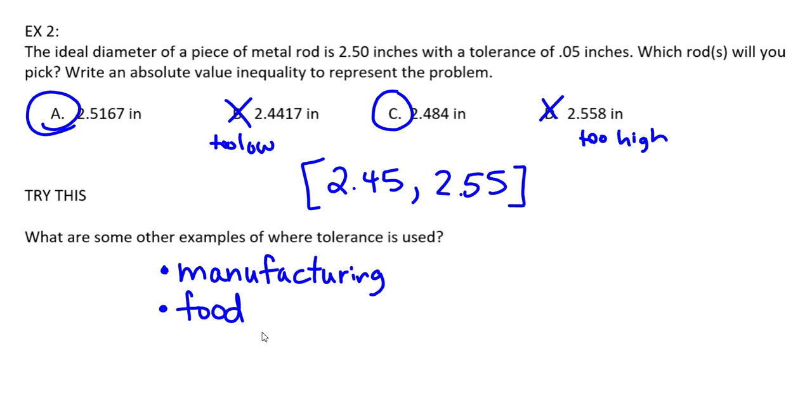Okay. Food's a great example. What else? Anybody got another example? Oh yeah, tire pressure. Nobody's ever said that. That's like a really good one. My truck says 35, right? So 35 psi is what you're supposed to fill my truck tires up to. However, if it's up to 40 or if it's down to 30, it's not a big deal.